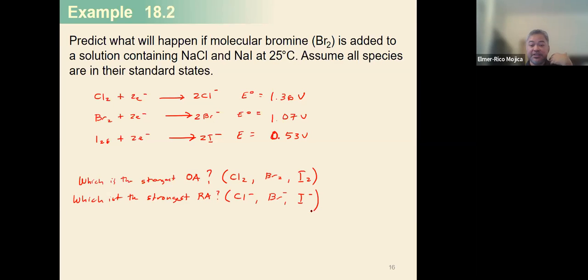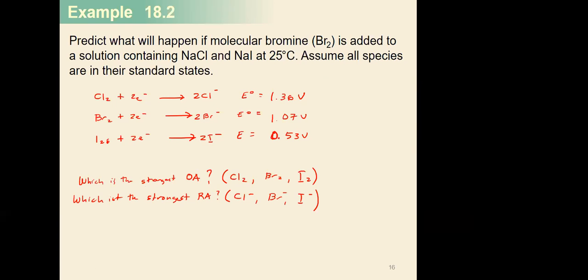So those are the things that can be given in your multiple choice question. Okay. So before we proceed here, let's try to answer this question. Which is the strongest oxidizing agent? The I2?